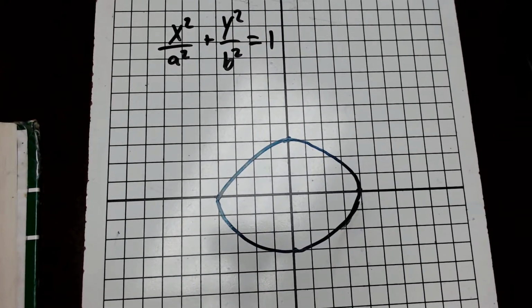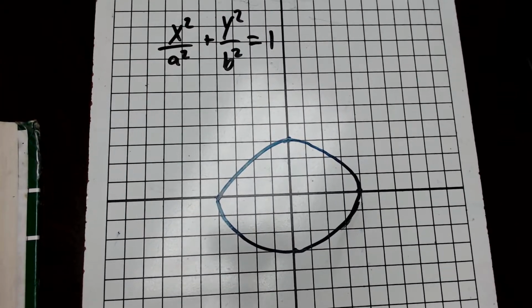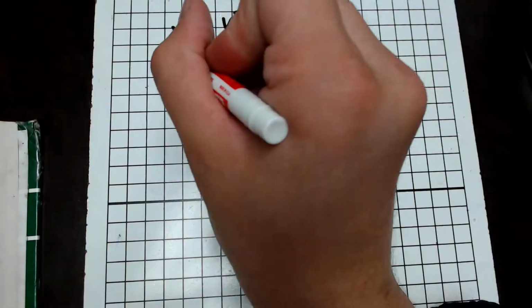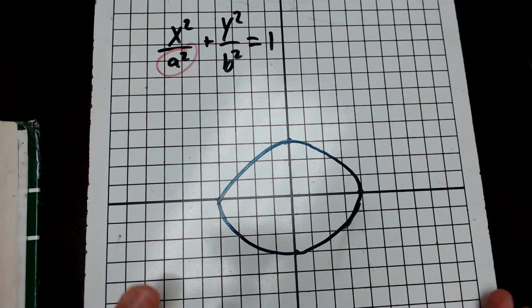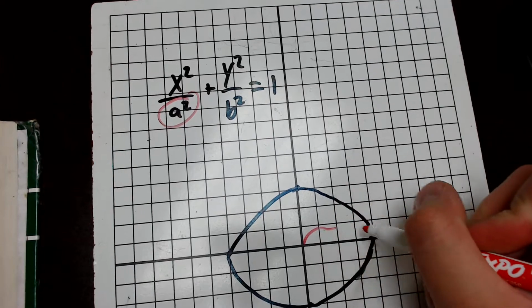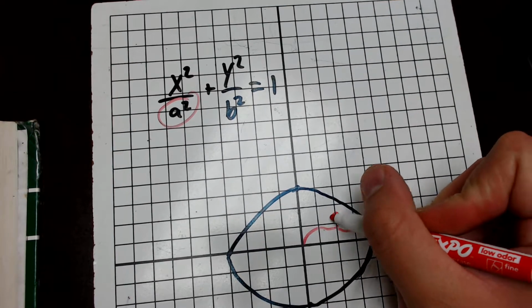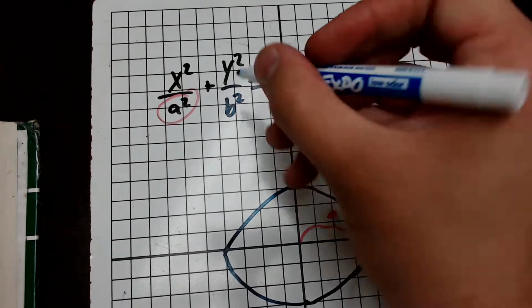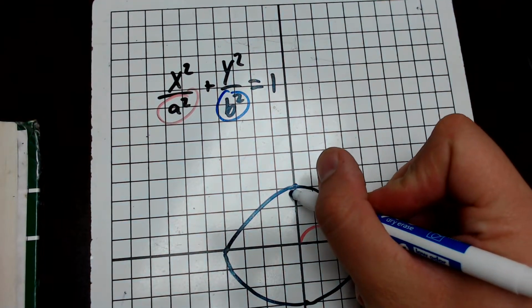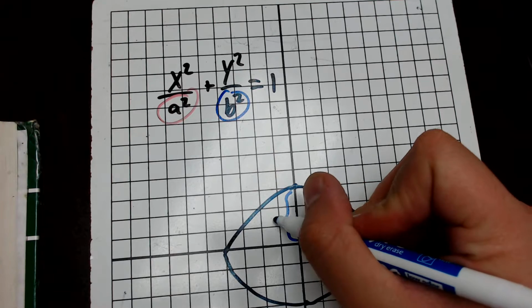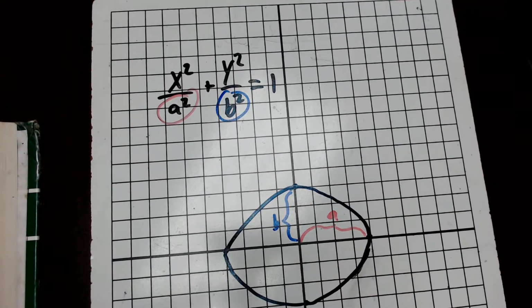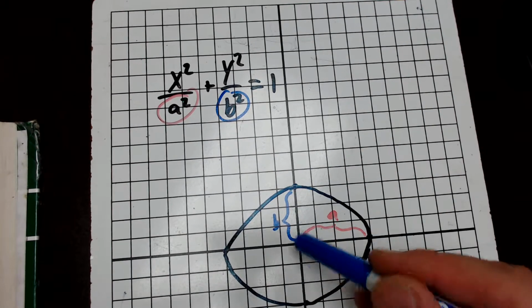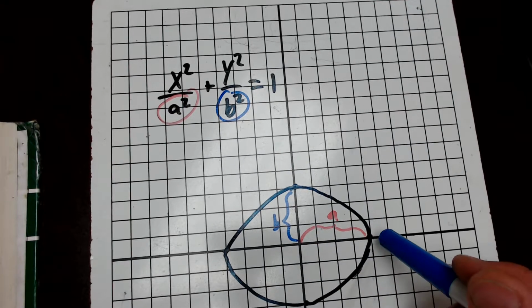It's beautiful. The thing that we're looking at here, the a squared, is in proportion to this distance right here. That is a. Now, the other letter we've got here, the b squared, is in relation to this distance right here, which is b. Now, we can see from our graph that these distances are pretty simple. The b is going to be equal to 3. The a is equal to 4.